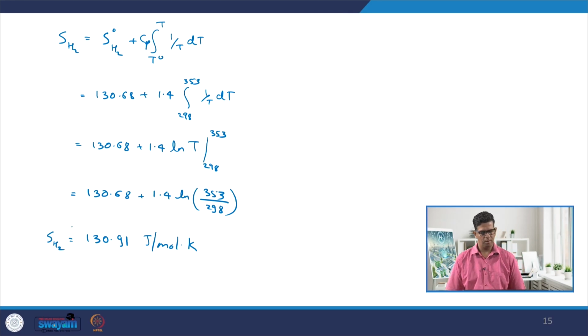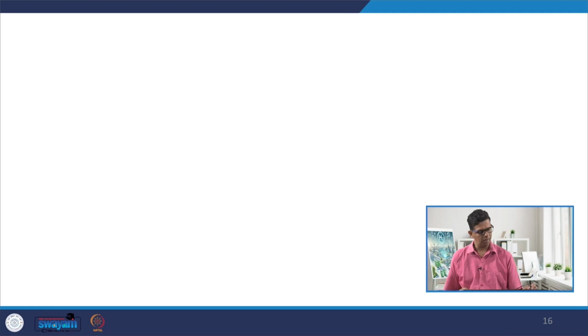Now that we have found all these entropies of the species, let us find the entropy of the reaction. The entropy of the reaction, delta S reaction, is the entropy of products minus the entropy of the reactants, which we have already written.